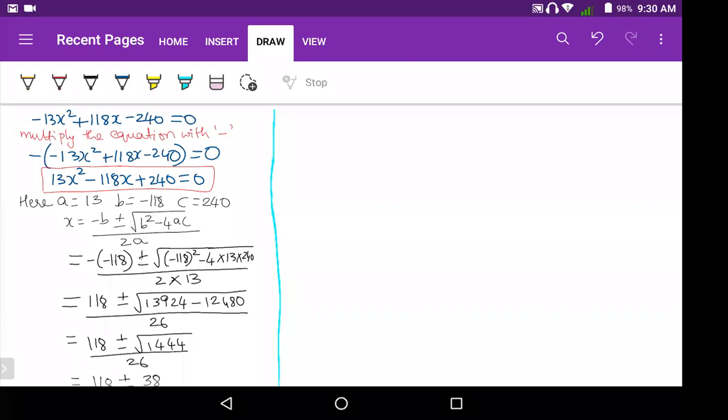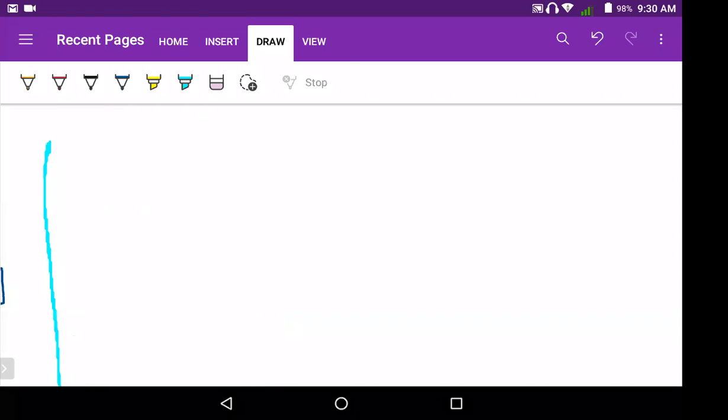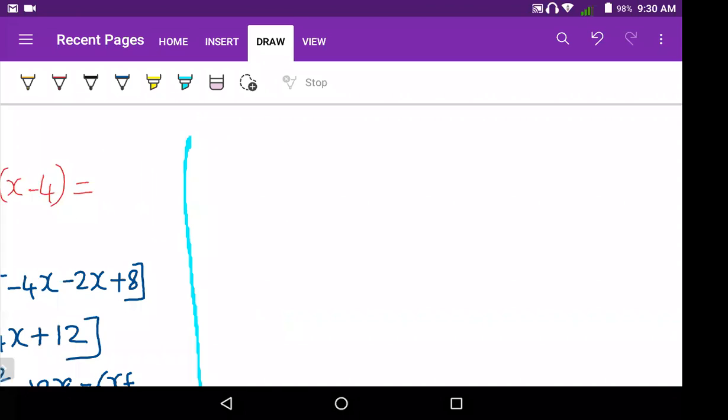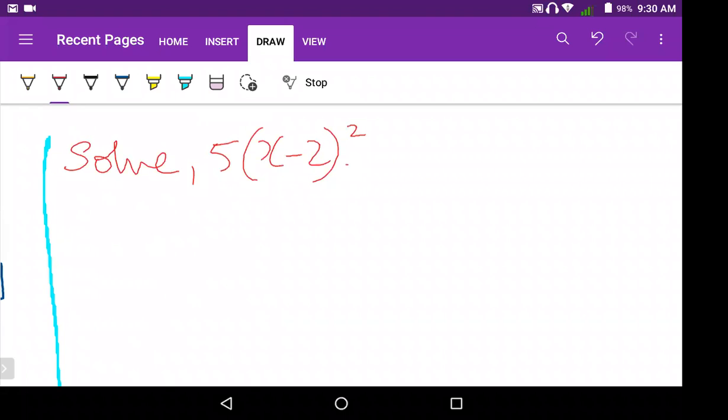Okay, so now let us go to the next question. Solve 5 into x minus 2 square minus 6 is equal to minus 13 into x minus 2. Now, can you all try solving this? Just find the equation. Try and find the equation. I will also solve it once you try.